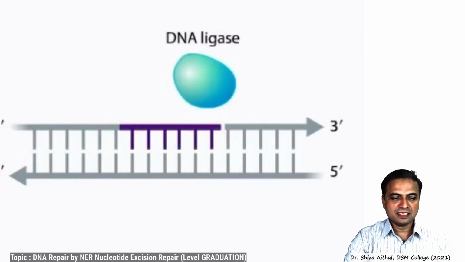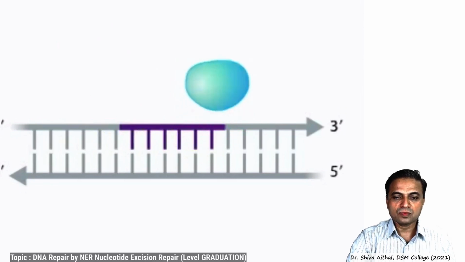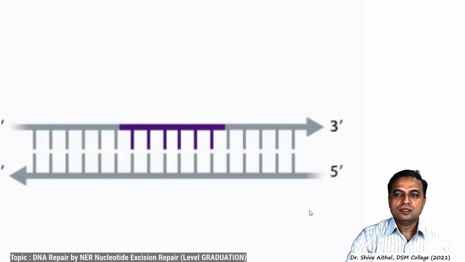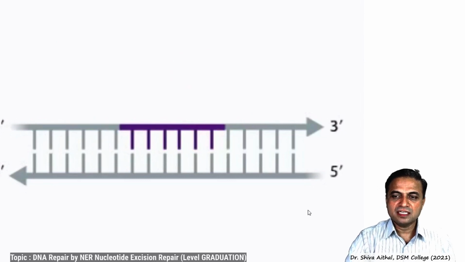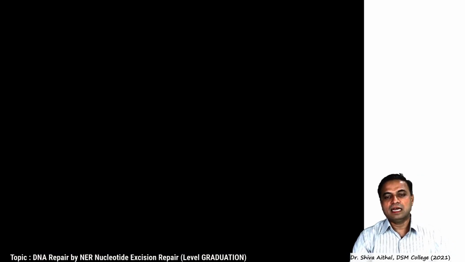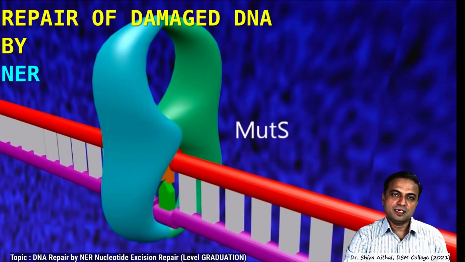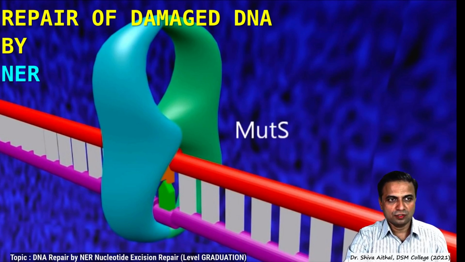Although the example which I have shown you exclusively is an example of a pyrimidine dimer, cells can use nucleotide excision repair to fix a large number of damages, of the types which we have seen in the types of mutations.